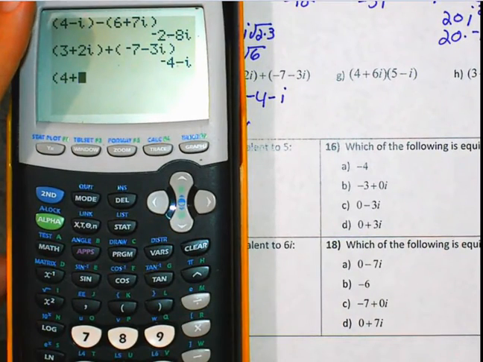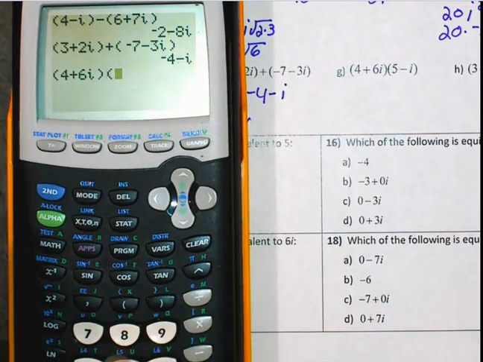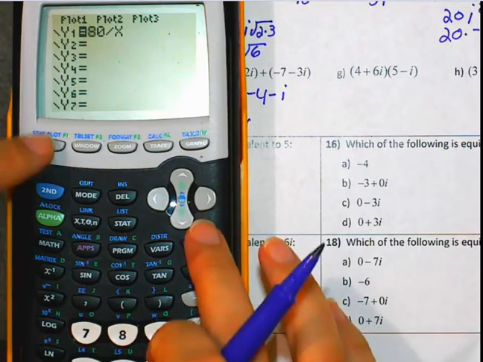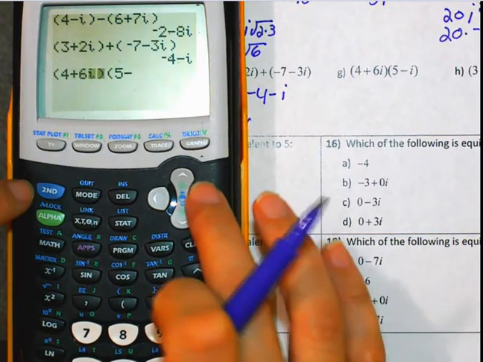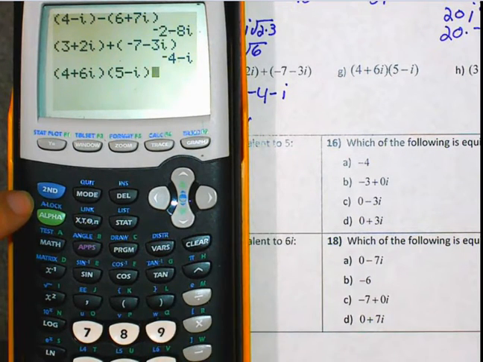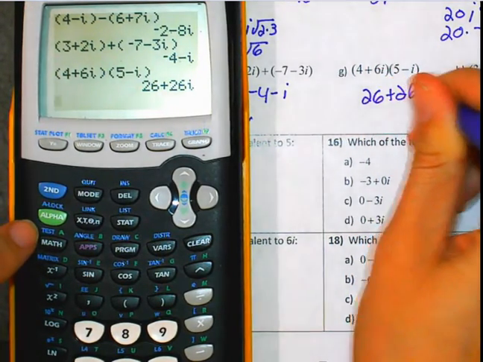4 plus 6I, 5 minus I. Oops, sorry about that. 5 minus I. And this is multiplication, but it still will give you the correct answer. So 26 plus 26I.